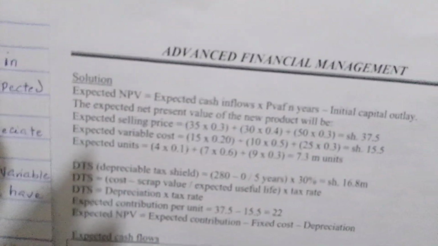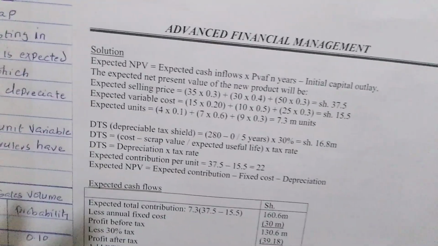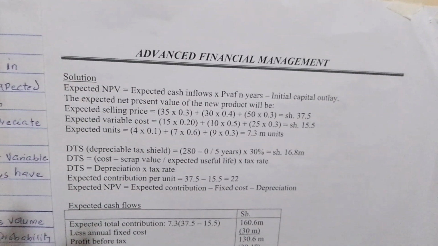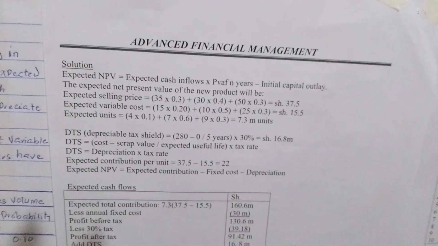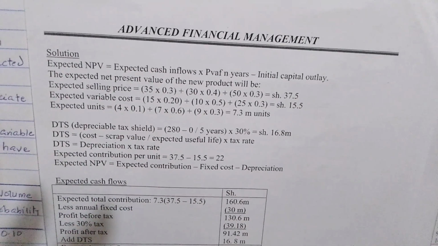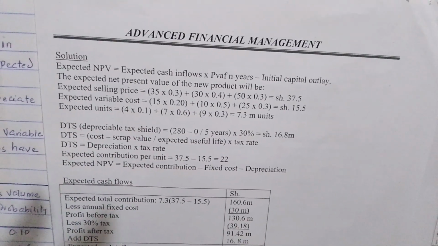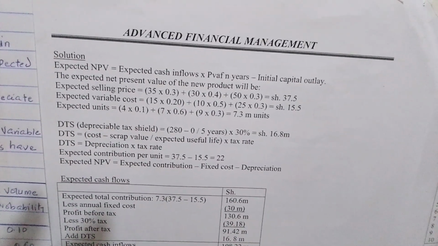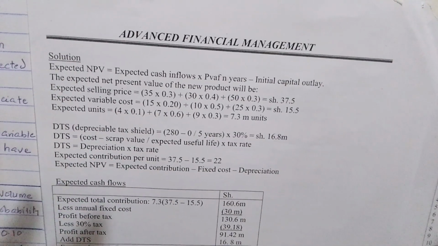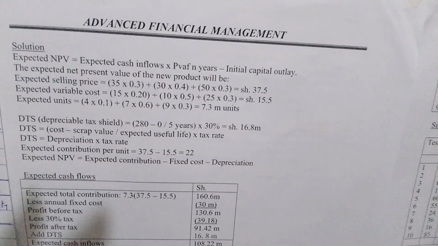So the first thing that you can see there as far as our solution is concerned is that we have said the expected net present value will be given by expected cash inflows times present value annual factor. Then you look at the number of years and the percentage. Then you minus the initial capital outlay.